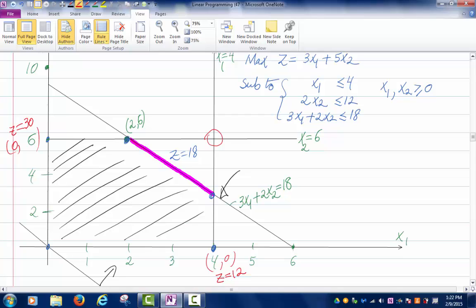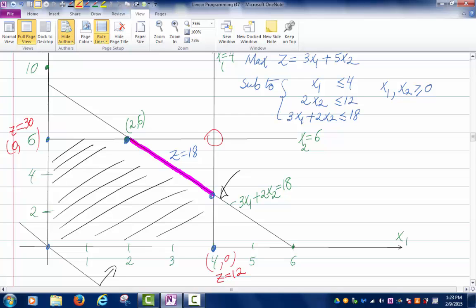Okay, so now I arrived at the point 0, 6. The iteration goes back. The simplex will check, have I achieved the optimal solution? How do I check it?